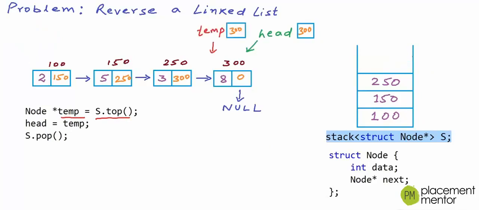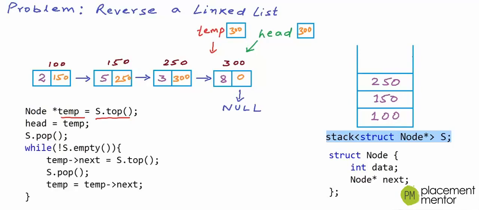So head now becomes 300, and then I will pop. I'm running you through this example here as I'm writing code. Head and temp right now are both 300, and now I will run a loop like what I have written here. While the stack is not empty, this function empty returns true if the stack is empty. I'm using the stack from the standard template library in C++.